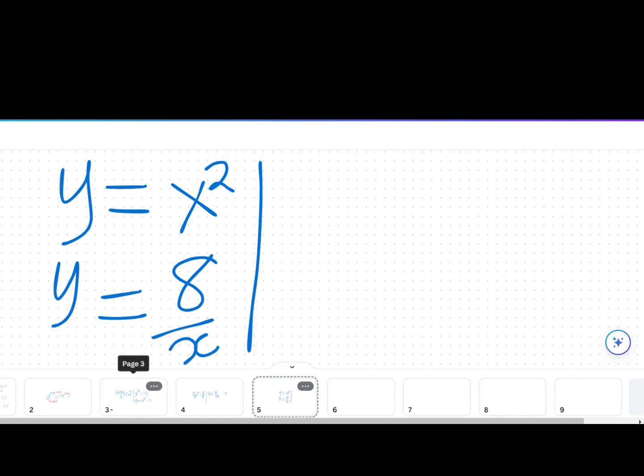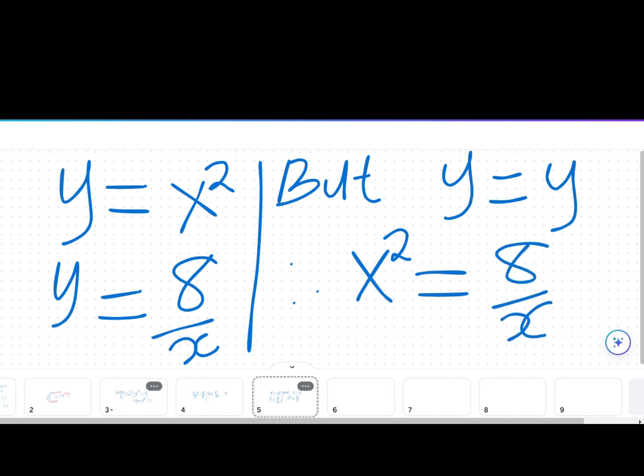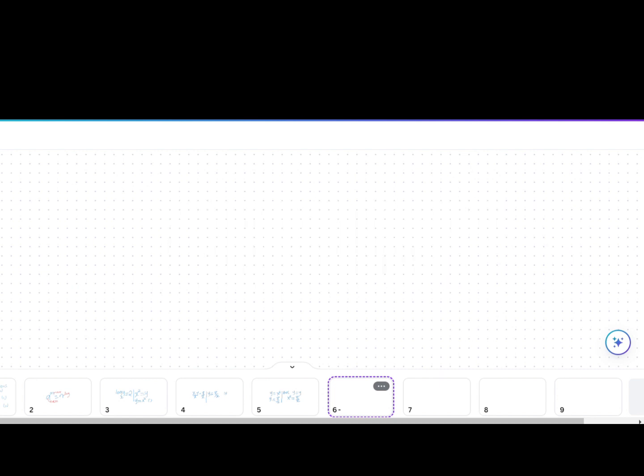So we say, but y is equal to y, therefore x squared is equal to 8 over x. Then we multiply through by x.